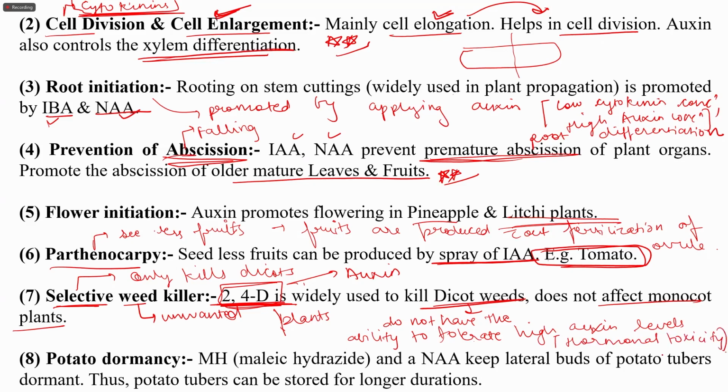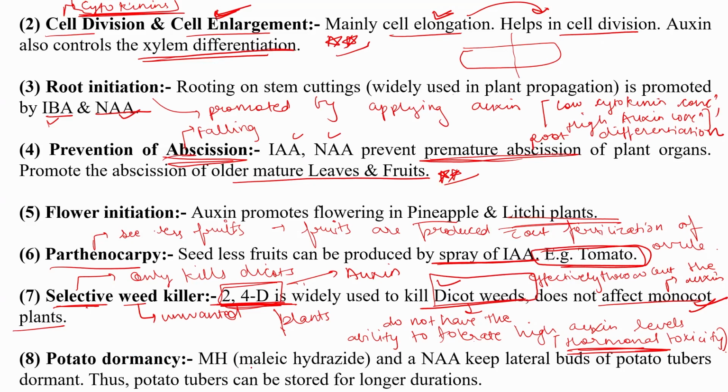So hormonal toxicity is caused in the dicots, while monocots can effectively throw the auxin out of them, and therefore there is no hormonal toxicity in monocots. Therefore, they are selective weed killers. Auxin can be used as a selective weed killer. Example: 2,4-D, which is used as a herbicide or weedicide, is an auxin that is widely used to kill the dicot weeds. This we need to remember, that it kills dicot weeds, not the monocot ones.